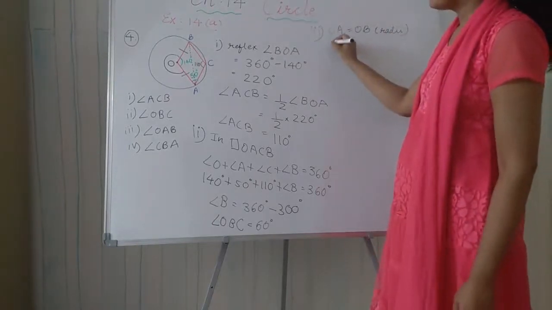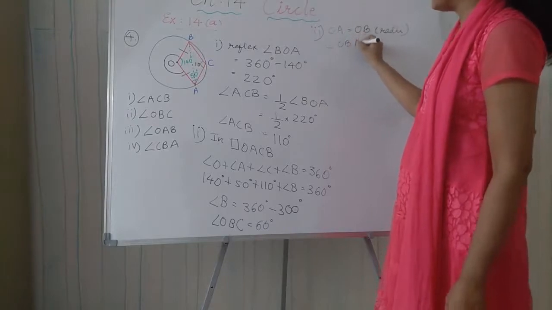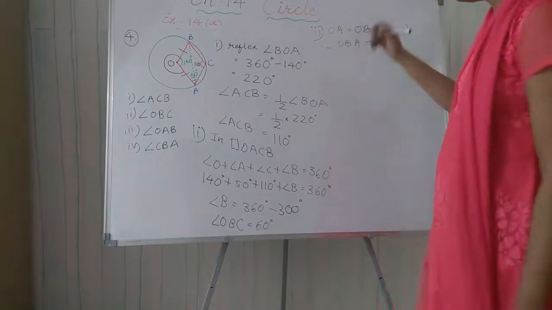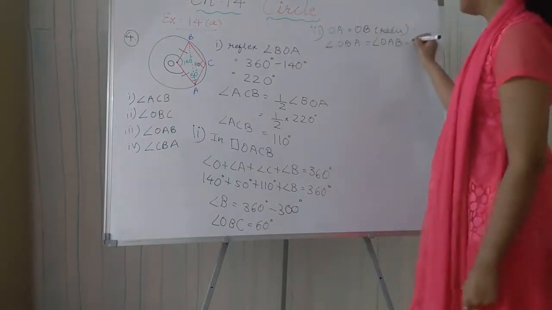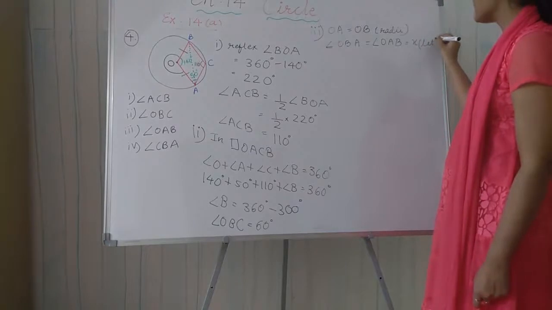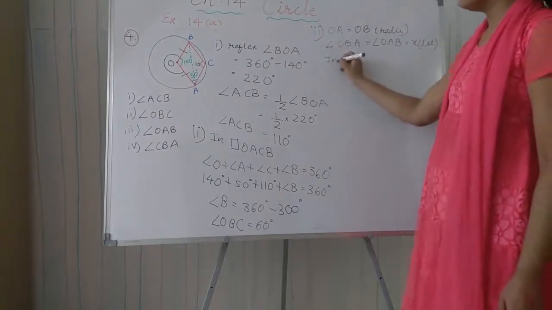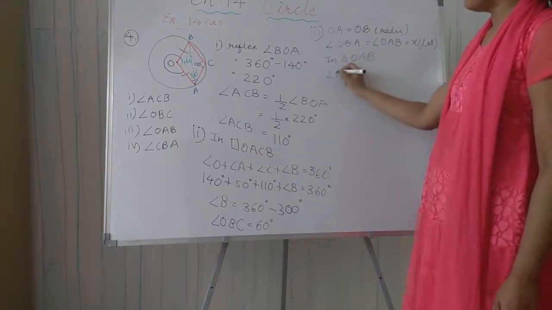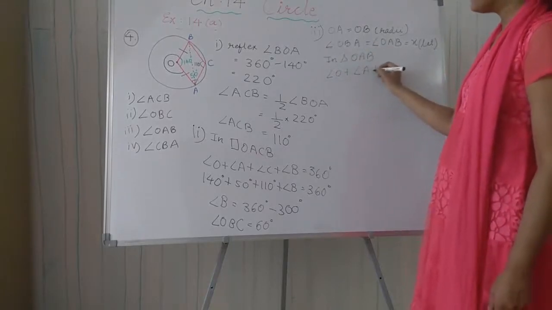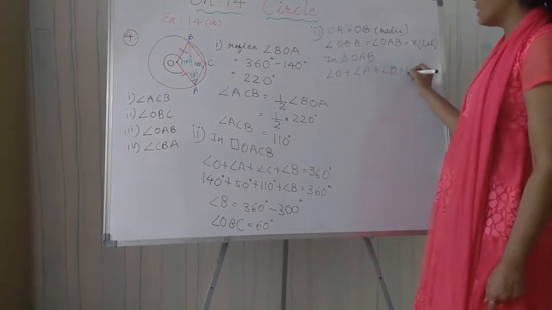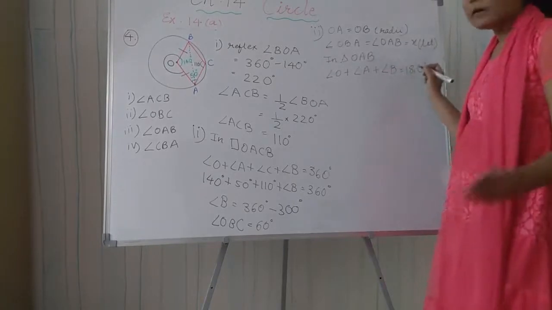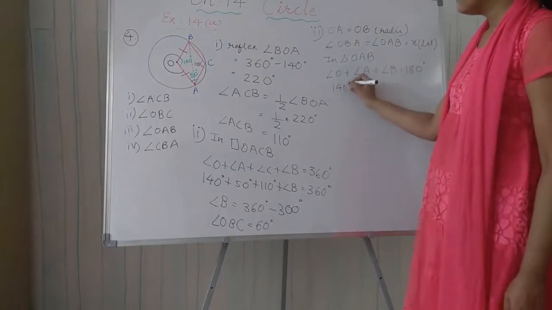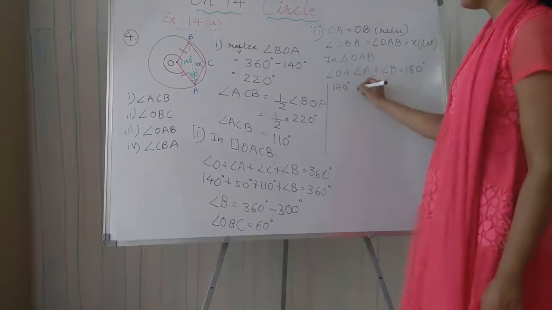Now angle OBA is equal to angle OAB, the angles opposite the equal sides, and let it be x. We are letting them be x. Now in triangle OAB, I am writing angle O plus angle A plus angle B is equal to 180 degrees using our angle sum property. Angle O is already given as 140 degrees.